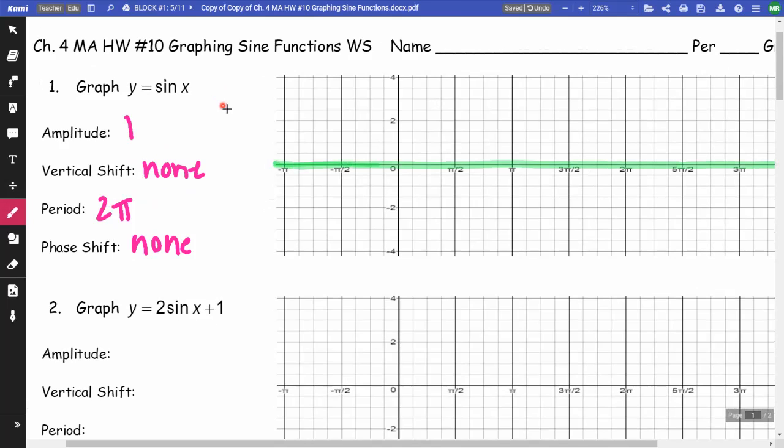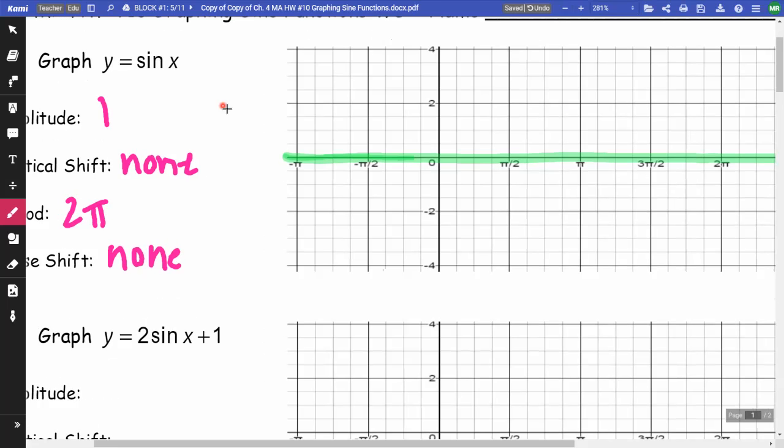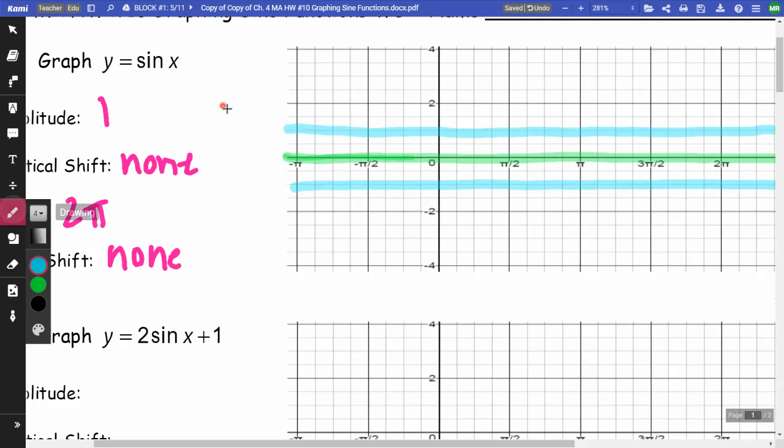My amplitude is 1, so I'm going to go 1 above, and 1 below. And I know I'm going to be going from 0 to 2 pi for this.